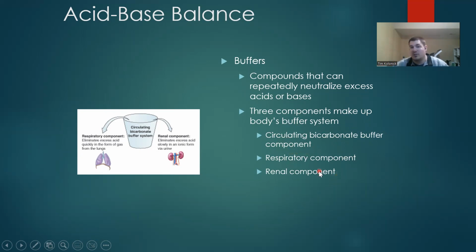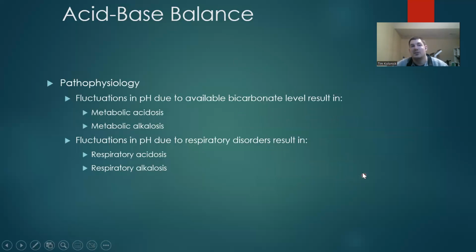And then your renal component, right? If you're going to urinate off some excess acid through your renal system. Okay. So if the fluctuation in pH is due to the amount of bicarbonate in the system, we call that metabolic, right?